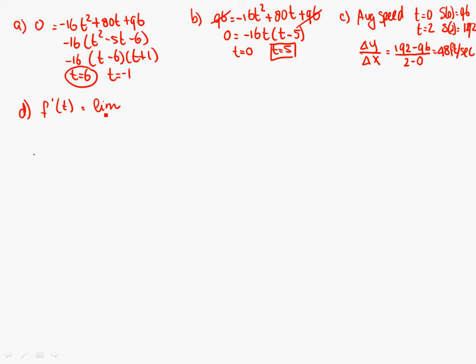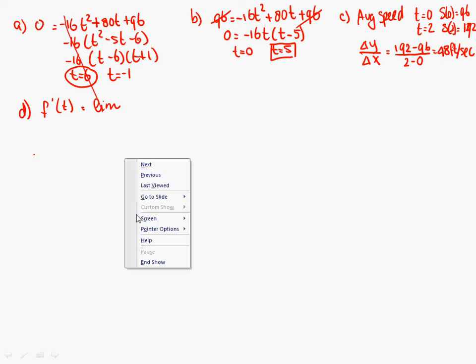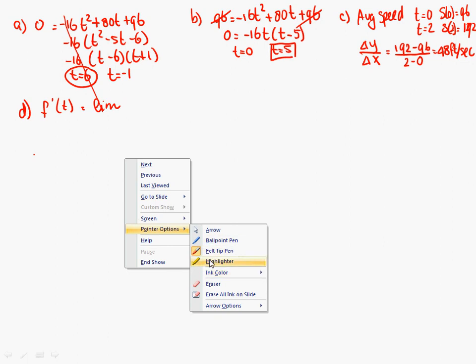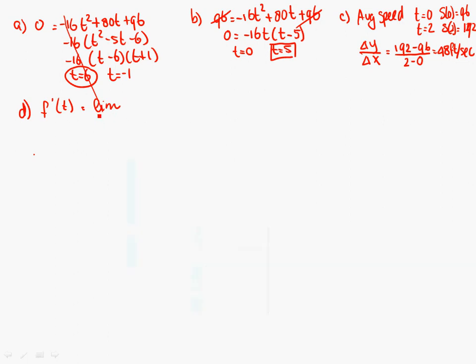Alright, so we're being asked to find the limit of t going to t, and that's a little confusing, isn't it? So we're going to make that one a t sub 0.